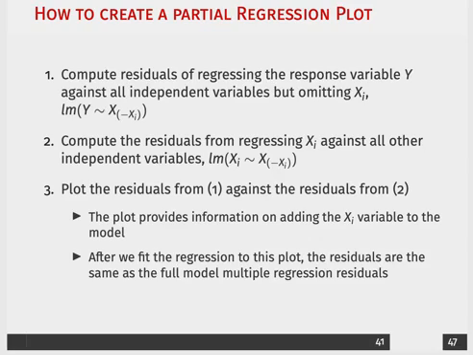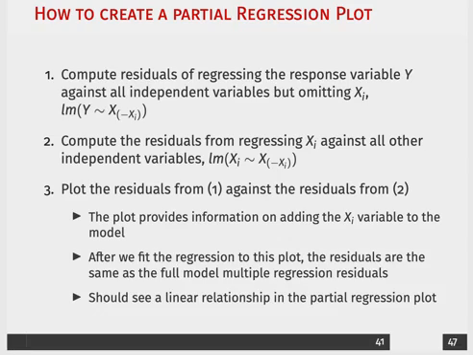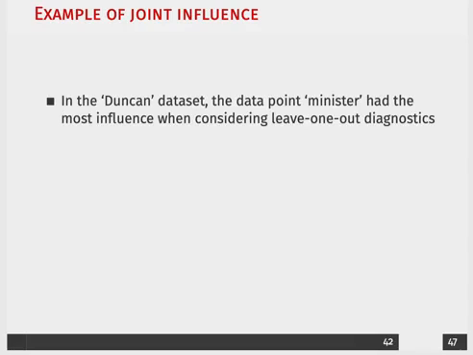The residuals are going to be the same as the full model multiple regression residuals. And again, you should see a linear relationship in the partial regression plot. What we're interested in here is looking for outliers that appear outside of the cloud of x's in these added variable plots.